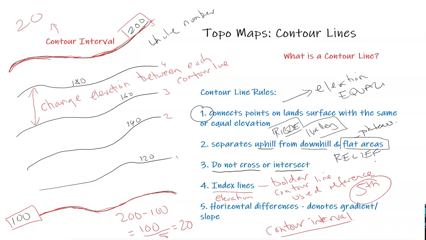You never find a contour line with elevation 87.5. It'll be 50, or in 20s, or in hundreds or thousands, depending on the scale of the location you're looking at. That's the most appropriate contour interval to use. In a very flat area, maybe it's in 20s, but in the Himalayas, you might go up by thousands. So it depends on the location, but that's how you figure out the contour interval.